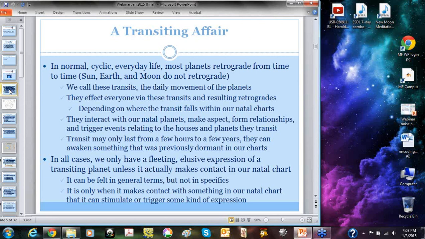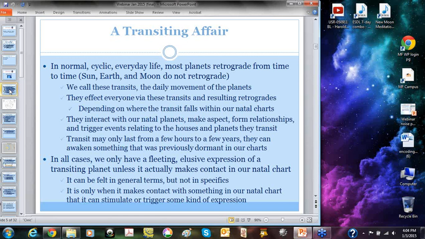We overlay that onto our natal chart to see how they impact the planets within our chart. As they move along, they visit or transit all our houses and planets, and they trigger events as they pass, depending on the nature of the planet transiting and the one being visited.